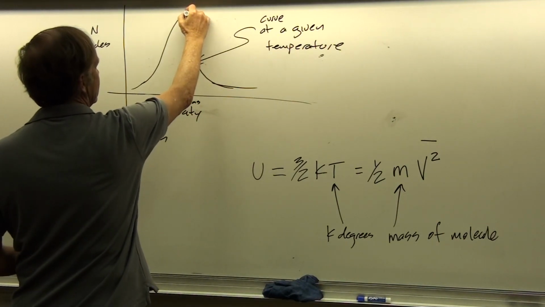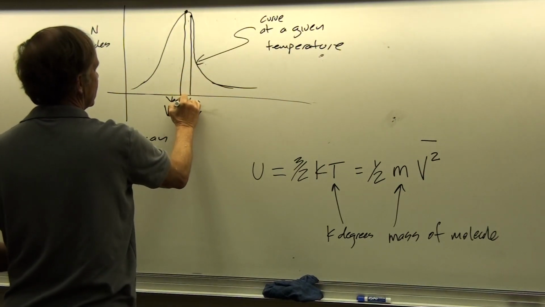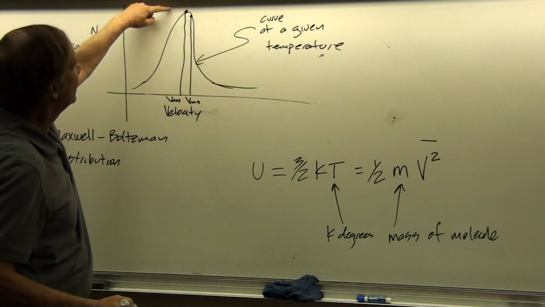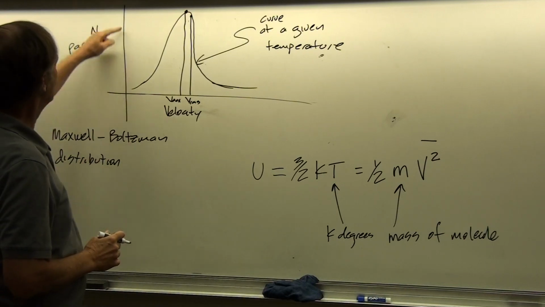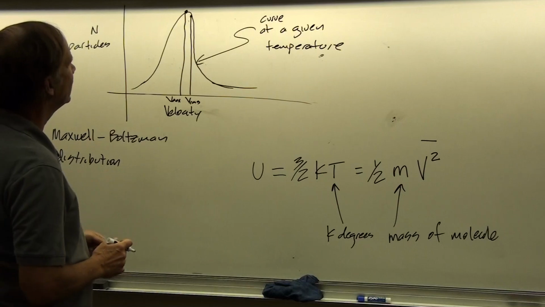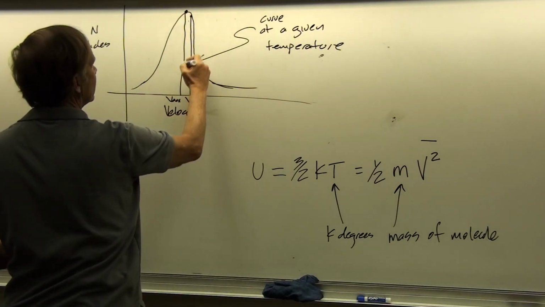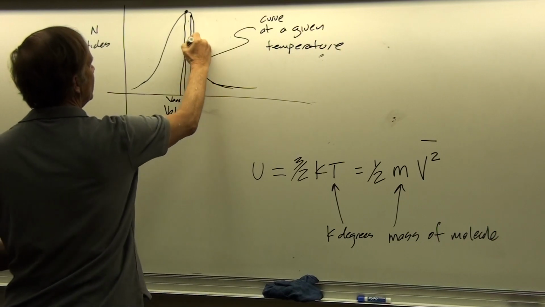Here we would have Vmax, which we could get by taking the derivative of this curve with respect to the velocity and then setting it equal to 0. That would give us the slope of that curve at that point. And then you could also talk about the most probable velocity.